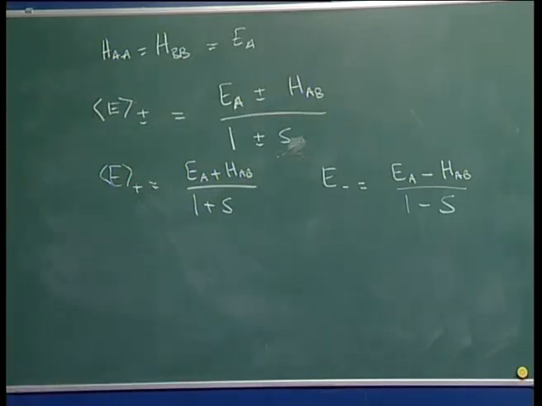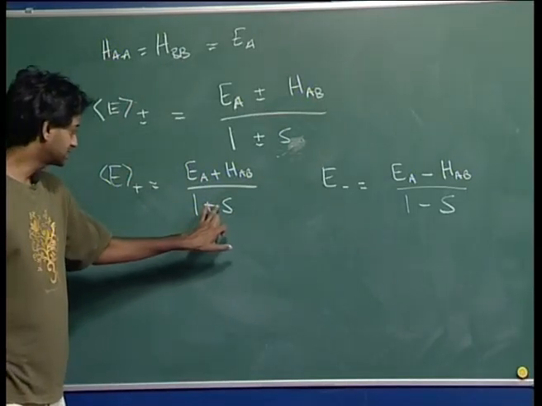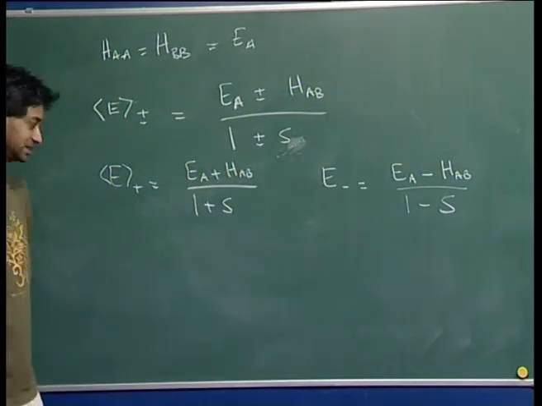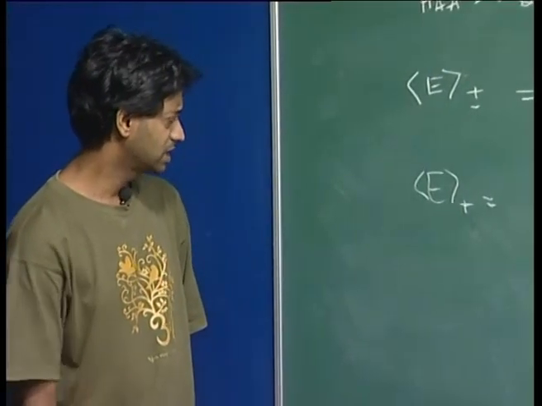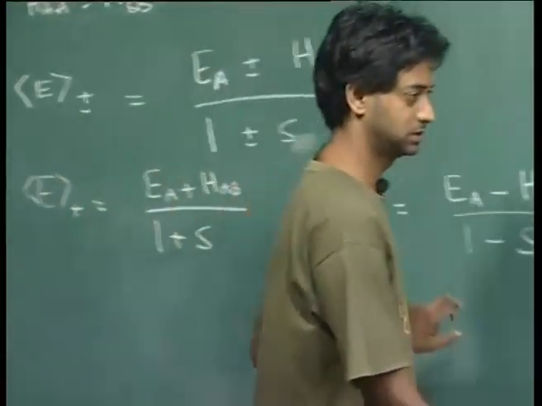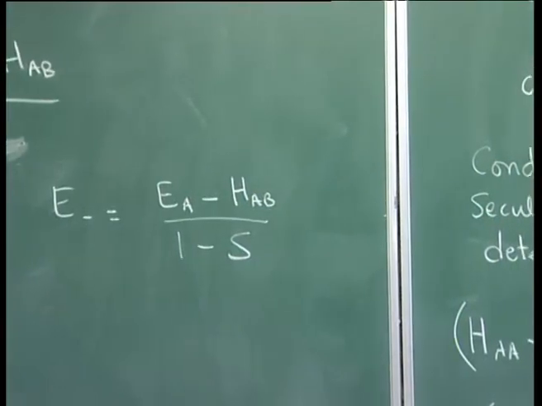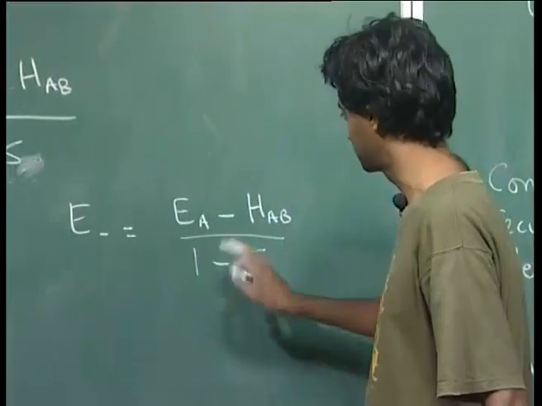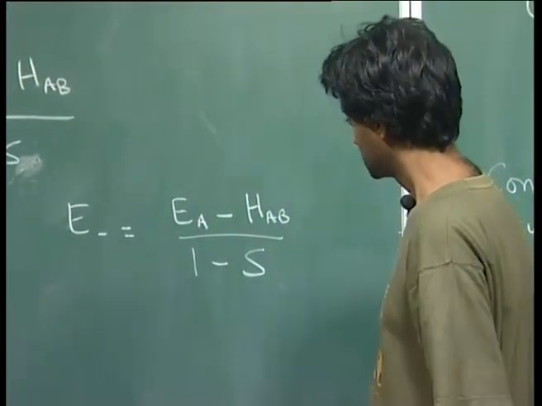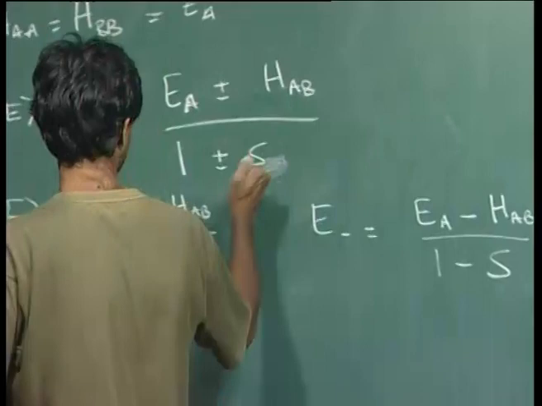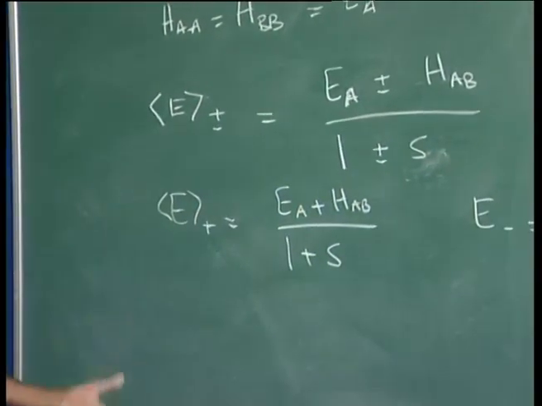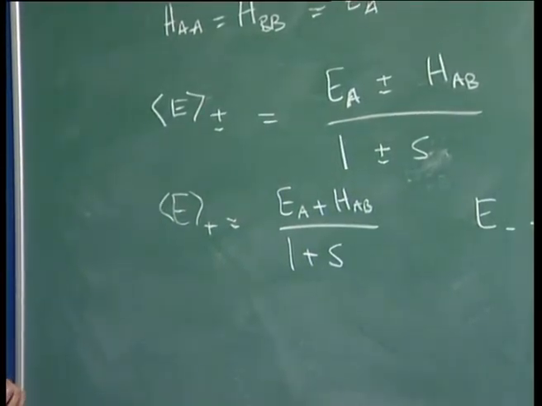Usually, depending on the sign of S and HAB, one of these is lower and the other is higher. Now what Huckel did was to use this molecular orbital theory in a very creative way to describe pi conjugation in aromatic systems.